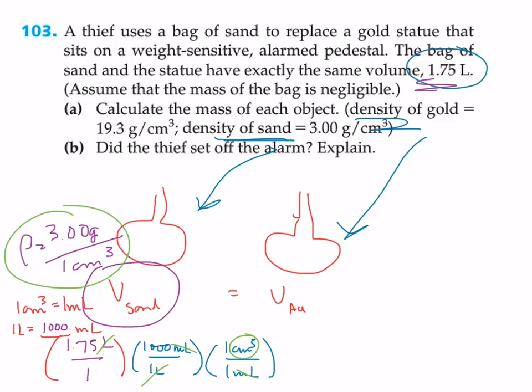If I flip it, then I have units of centimeters cubed in the top, and they don't cancel out. So that's not going to work. So if instead I go with 3.00 grams over 1 centimeter cubed as the density, then centimeters cubed cancel and I have units of grams.